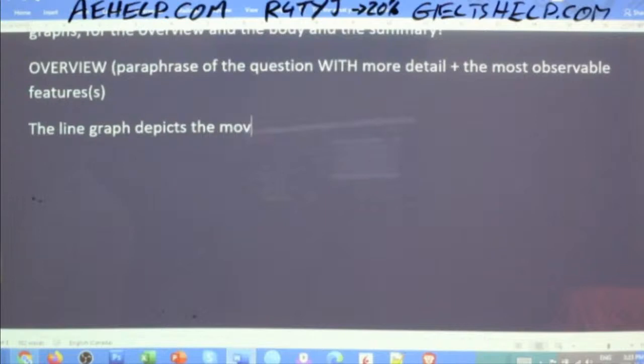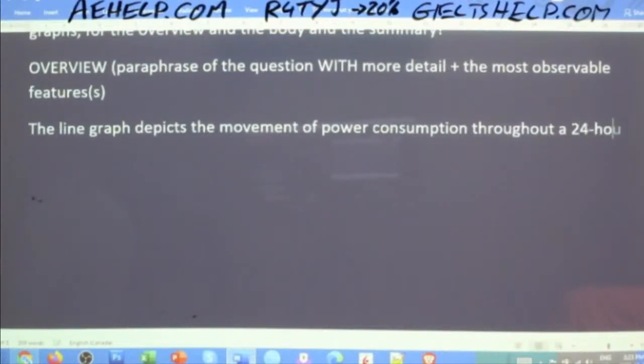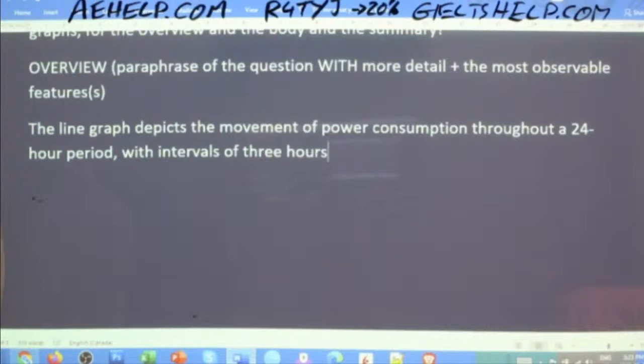Depicts the movement of power consumption throughout a 24-hour period with intervals of 3 hours in both winter and summer seasons.